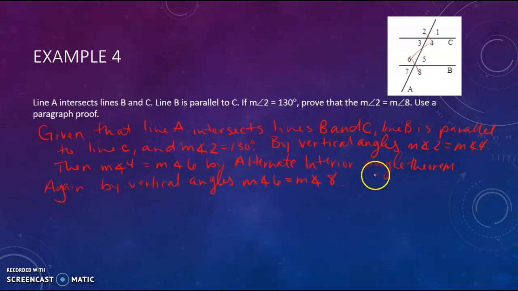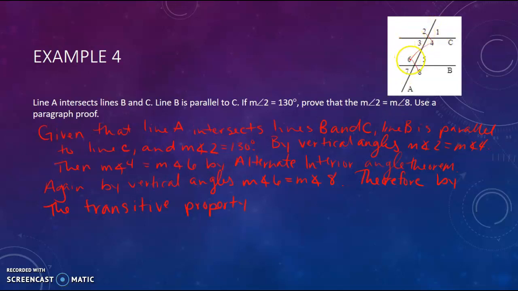Now, after saying all of that, therefore, by what we call the transitive property, and basically what that means is, because angle 2 equals angle 4, and angle 6 equals angle 4, then angle 2 equals angle 6.